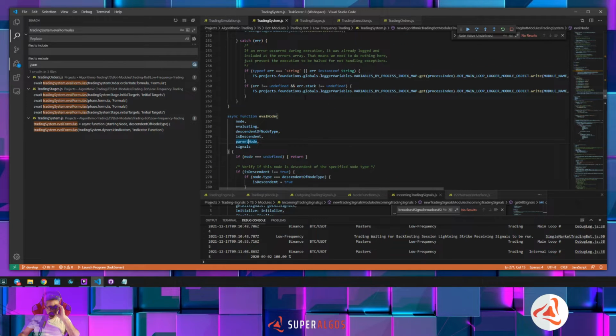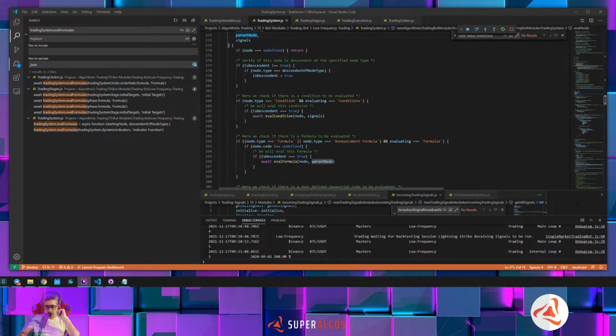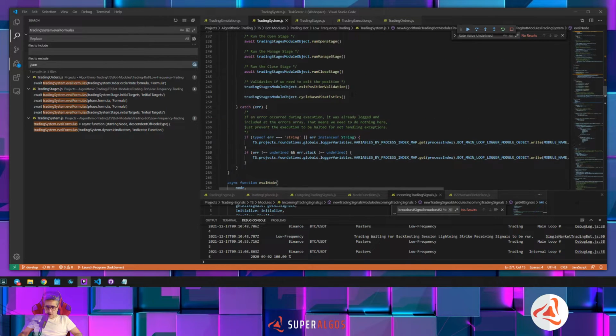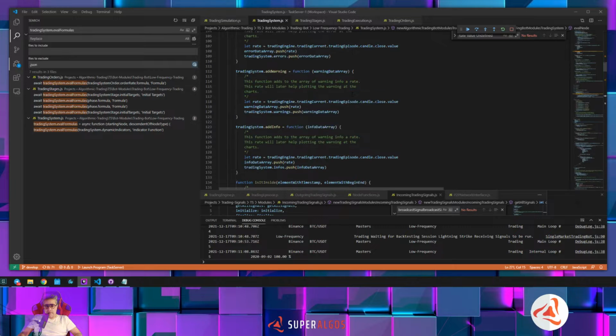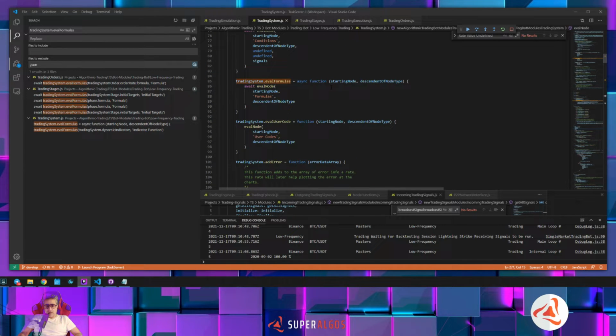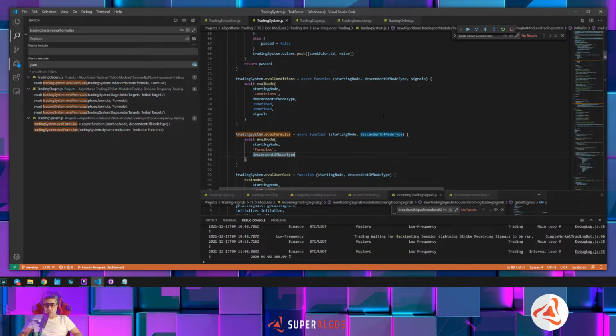So, what is the solution to this? The solution might be, okay, I can send a node higher and force it to go this strange path, or I can add a parameter here, eval formulas, like in eval conditions, I'm sending signals. Here I should send the parent node.